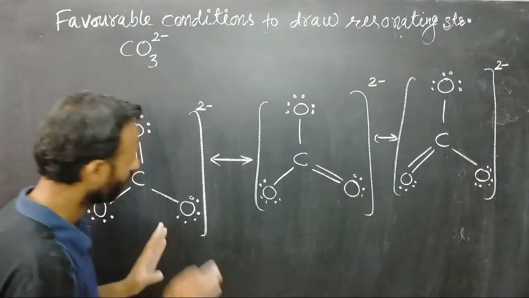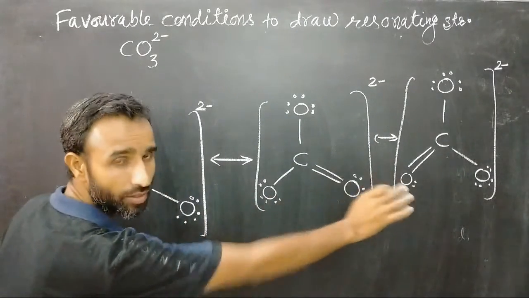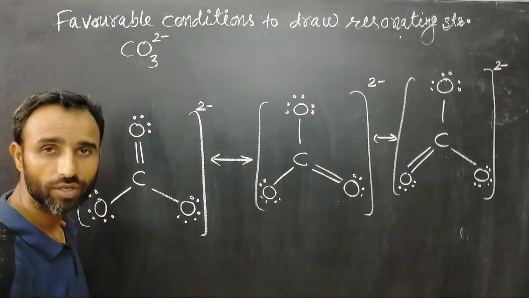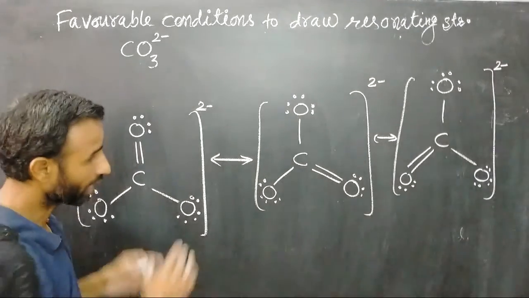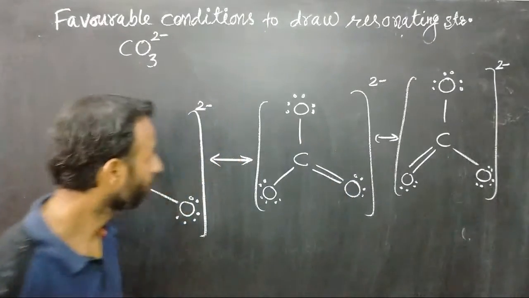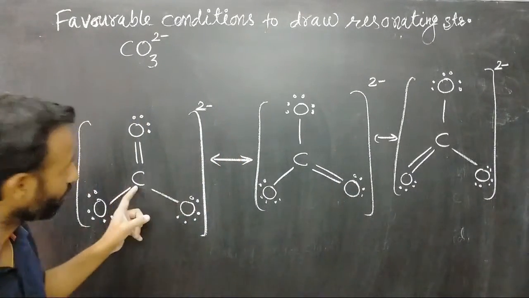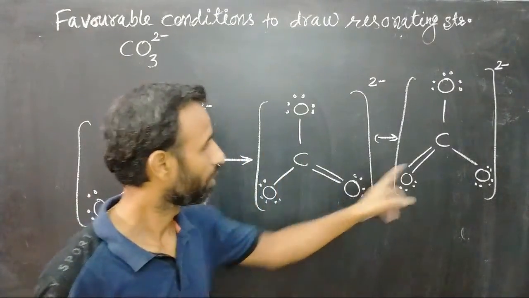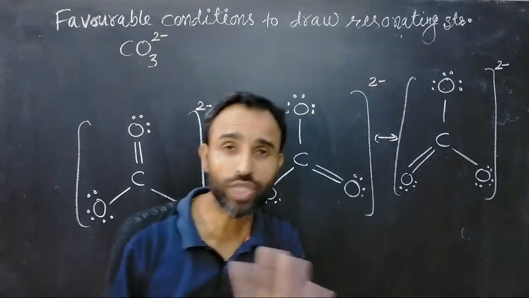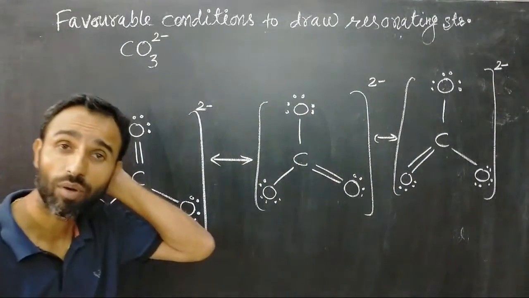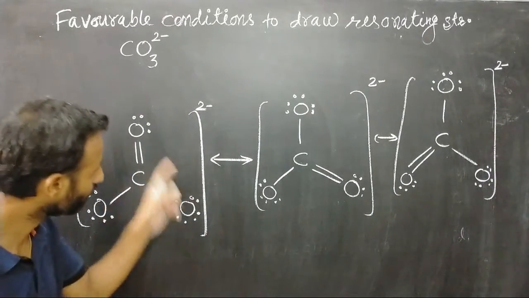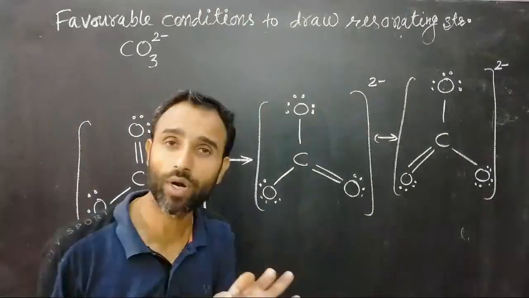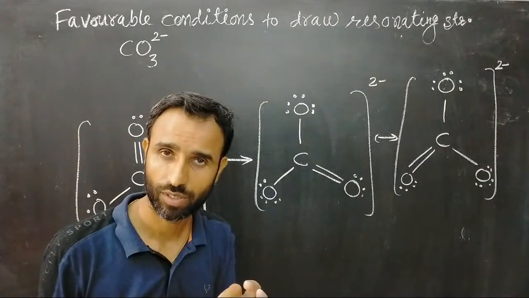Means these 3 are called resonating structures of carbonate. So in resonating structures, the position of atoms remains the same. There is no change in the position of the atoms, but there is a different distribution of bond pairs and lone pairs.